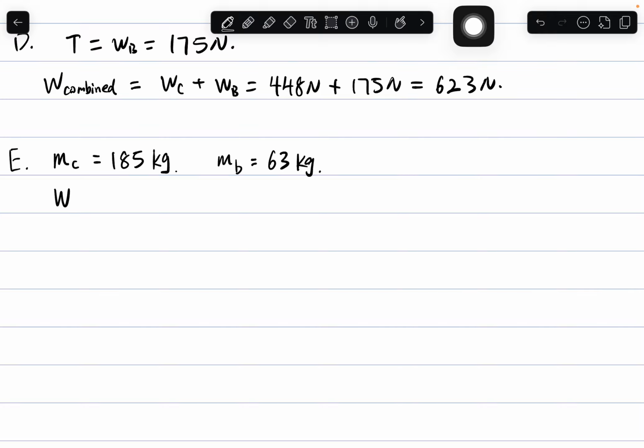So the weight of the cart equals the mass of the cart times G, and the weight of the bucket equals the mass of the bucket times G. So still the same thing, the tension is not the weight of the cart.